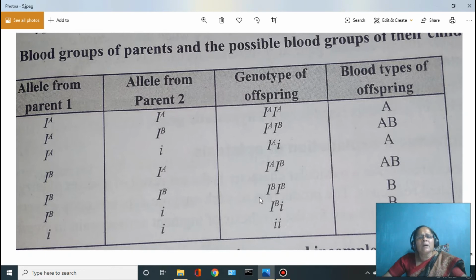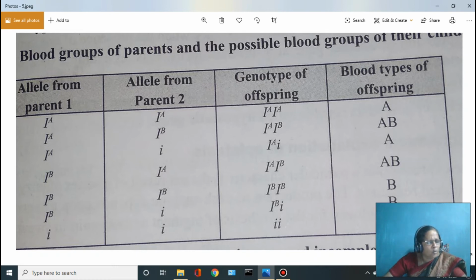If both are B, the genotype of the offspring is B and the blood group also B. If one parent is B and the other is O, the offspring genotype is IB i, that is heterozygous B, blood group B. If both are O, the genotype is ii and the blood type of the offspring is O.